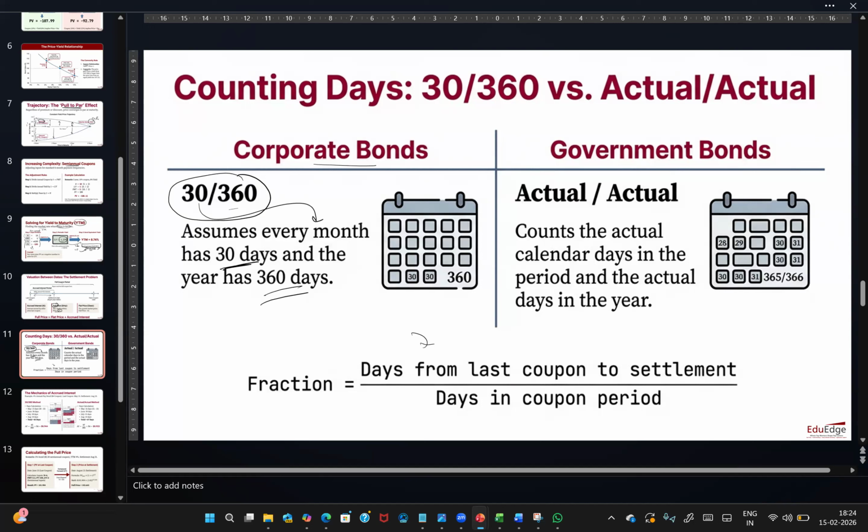So that's called the 30 by 360 convention. And the GSECs or the government bonds usually have actual by actual convention, which means it's the actual number of calendar days divided by the actual days in the period. So actual by actual is for government bonds, 30 by 360 is the convention for corporate bonds.